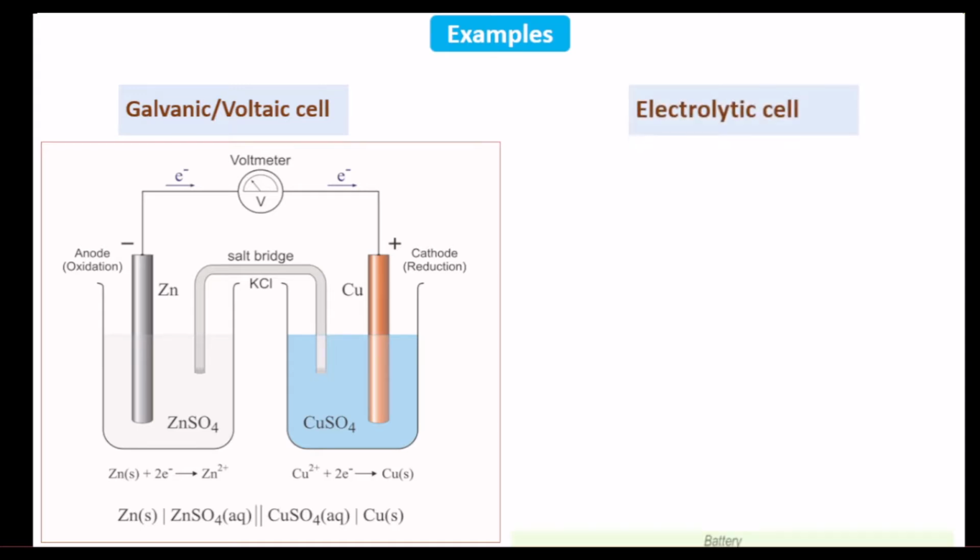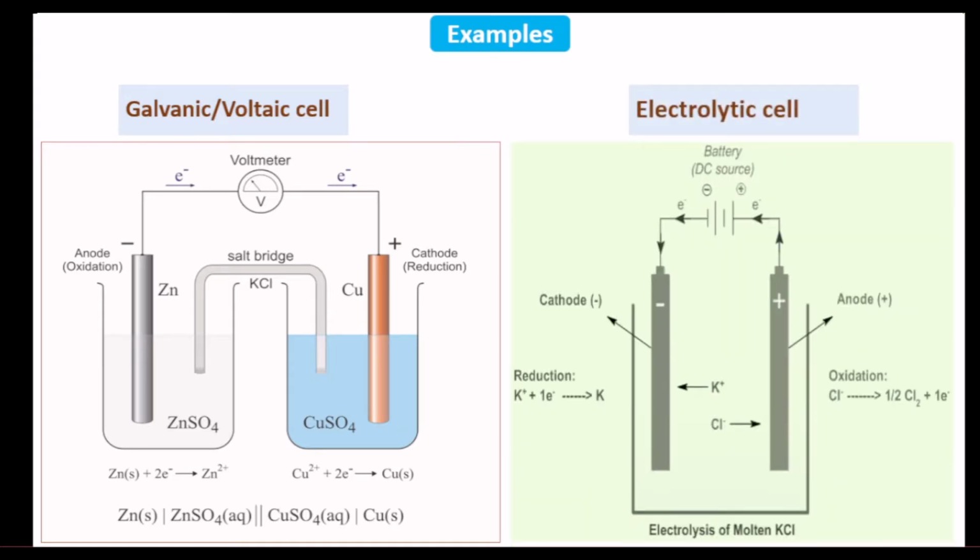On the other hand, for the electrolytic cell, you can take an example like the electrolysis of molten potassium chloride. Our electrolyte is potassium chloride, and the DC power supply is connected to the two electrodes. The positive pole is connected to the anode, and the negative pole of the DC power supply is connected to the negatively charged cathode, which attracts the cation, and the cation takes the electron and becomes the neutral species.